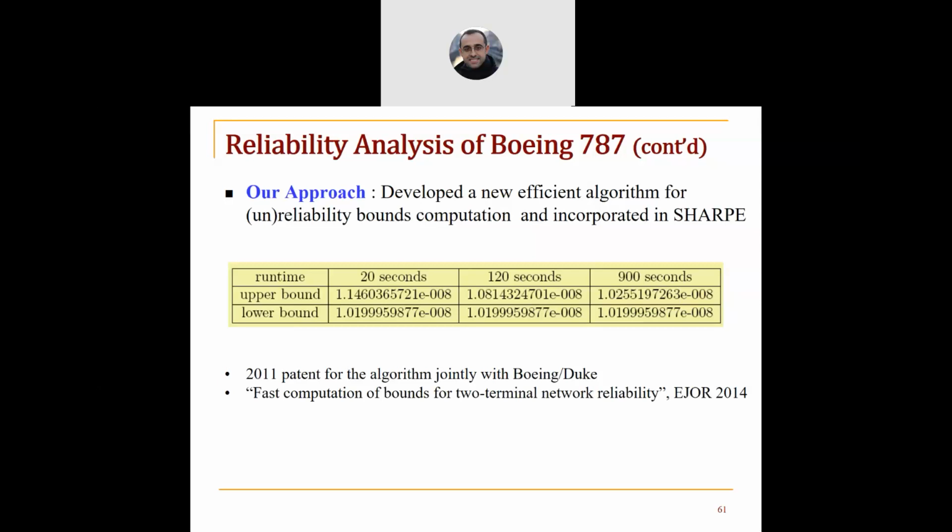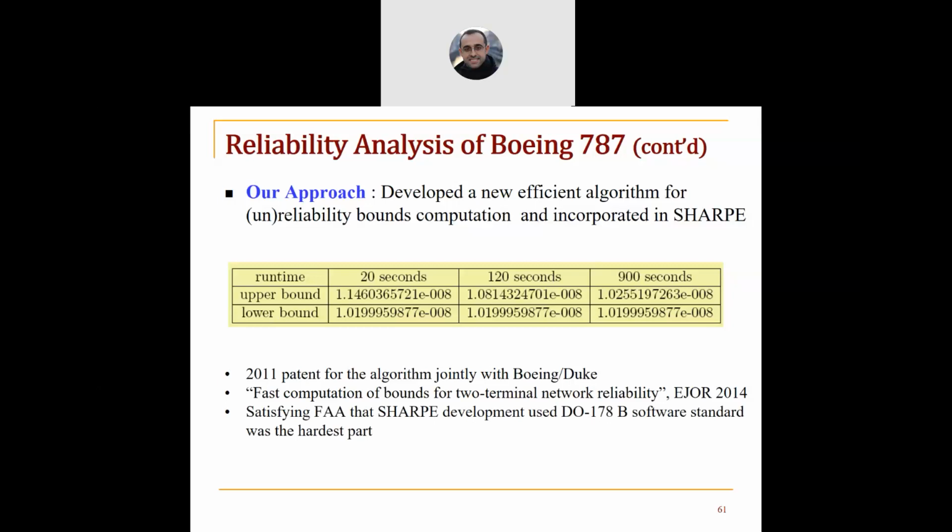Then the next question the FAA had was, was the development of these tools based on a standard from DoD or DO-178B? So now Boeing asks me whether we used DO-178B to develop SHARPE.